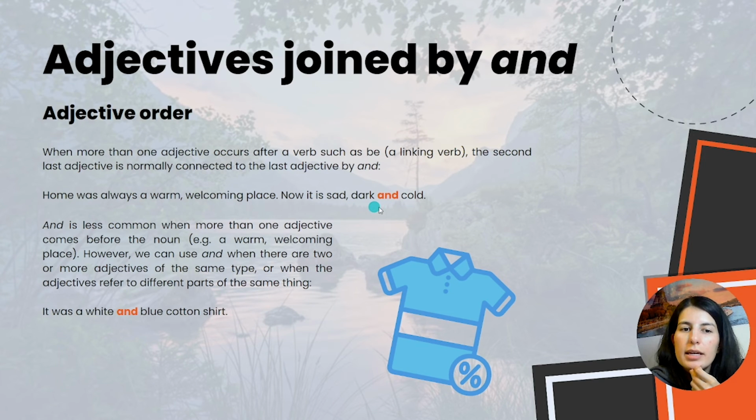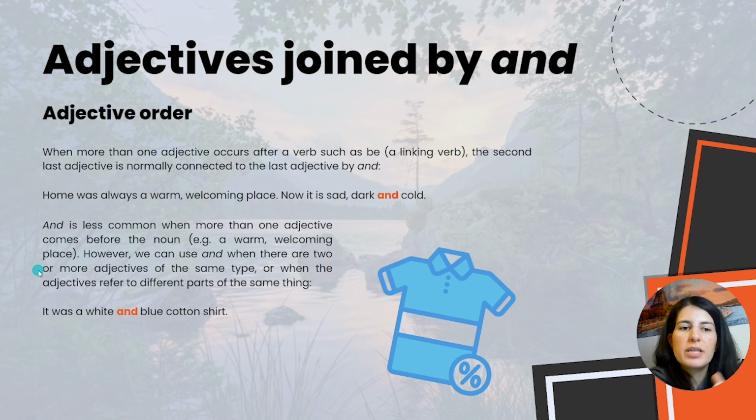So I can connect the last two adjectives with and. Okay? Very interesting here, guys. And is less common when more than one adjective comes before the noun. For example, a warm, welcoming place, like I just said.